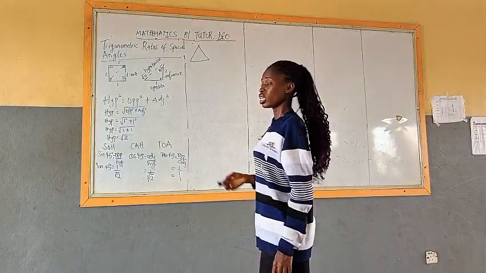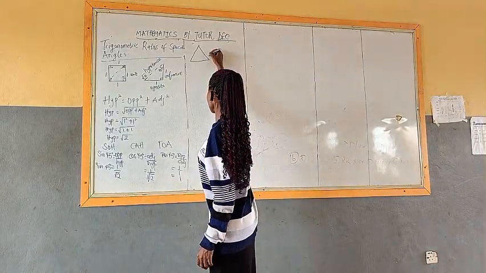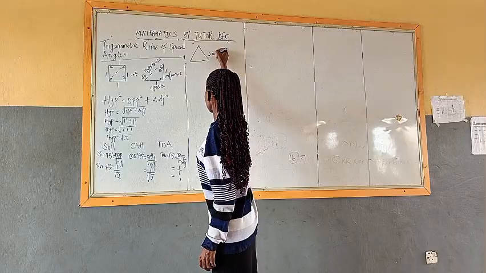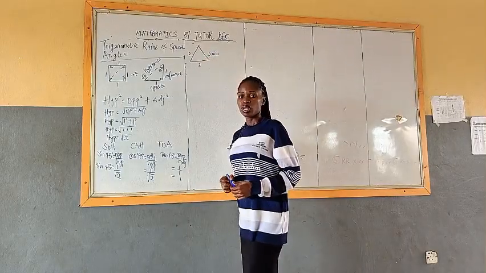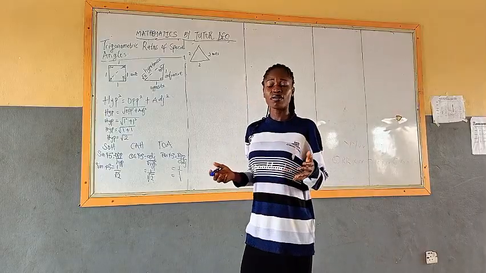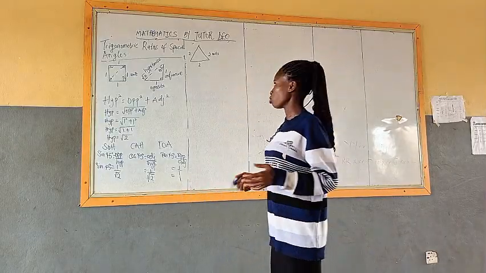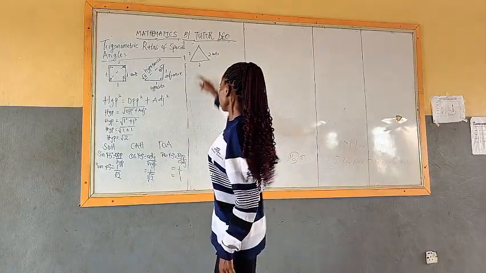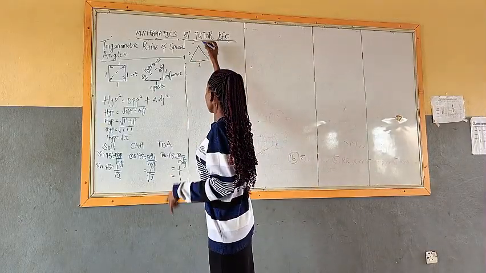So we have an equilateral triangle with 2 units. So this is 2 and this is also 2. Now, the angles of an equilateral triangle all sum up to 180 degrees. So that means that this is 60 degrees, this is 60 degrees, and this is also 60 degrees.